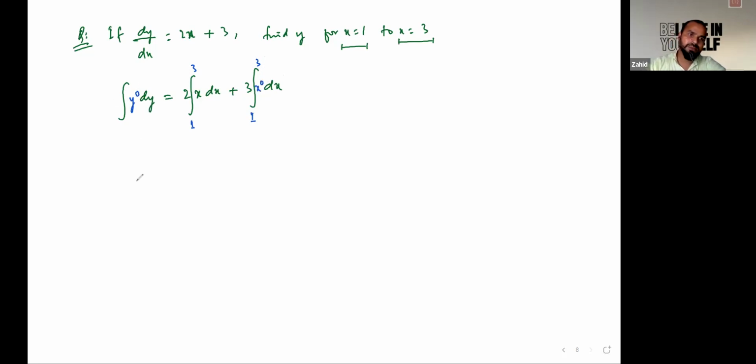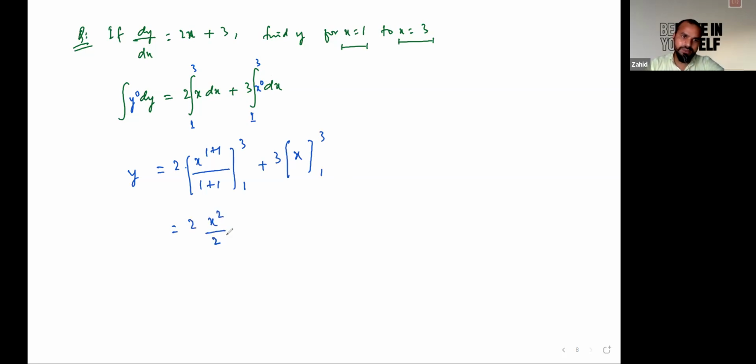So on integrating, this becomes y is equal to 2 x raised to the power 1 plus 1 divided by 1 plus 1, with limit 1 to 3, plus 3 times of x raised to the power 0, which gets integrated to x with limit 1 to 3. Now it becomes 2 x square over 2 with limit 1 to 3 plus 3 times x with limit 1 to 3.